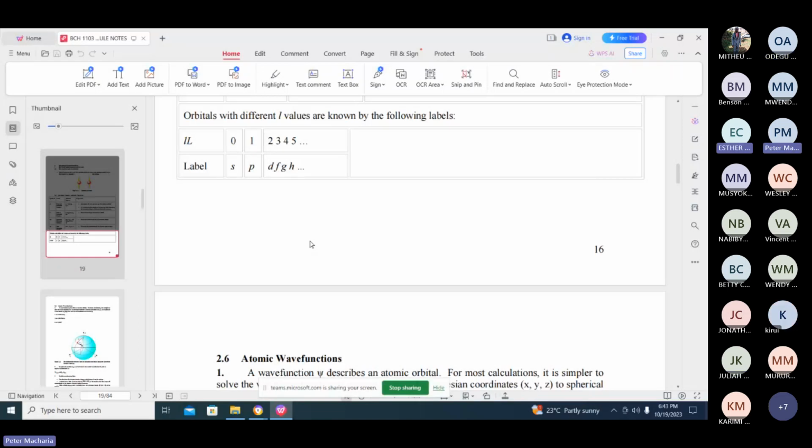P is given number 1. D is given number 2. F is given number 3.